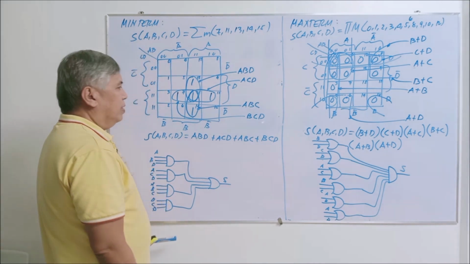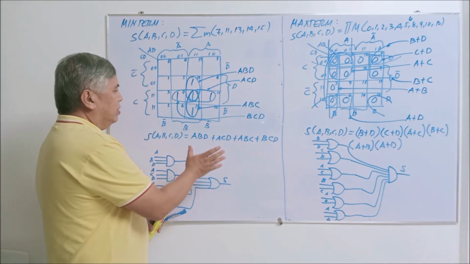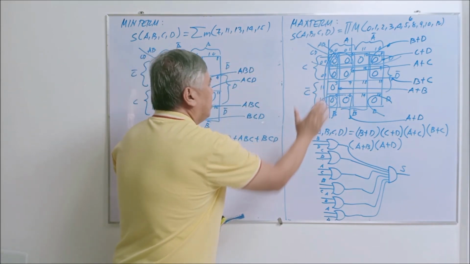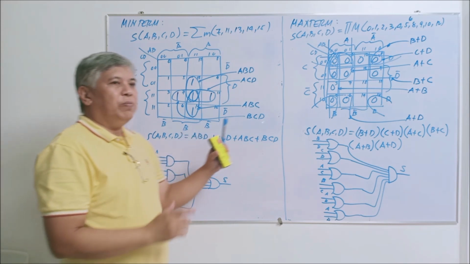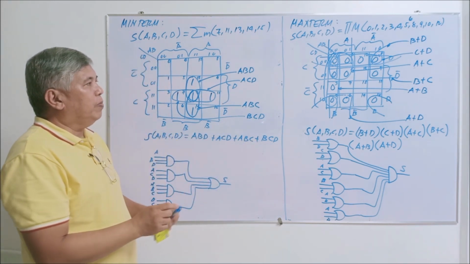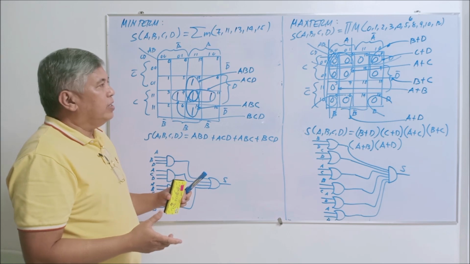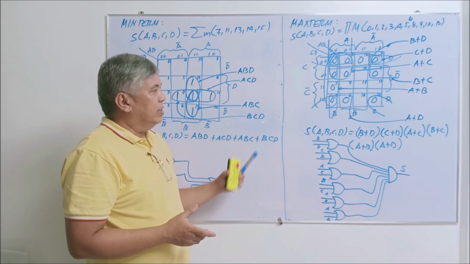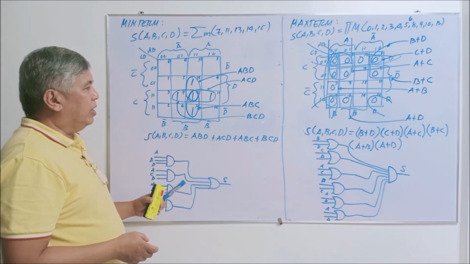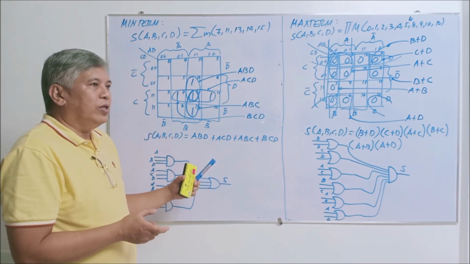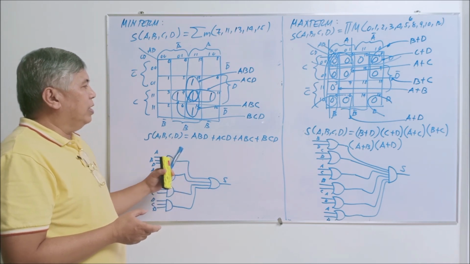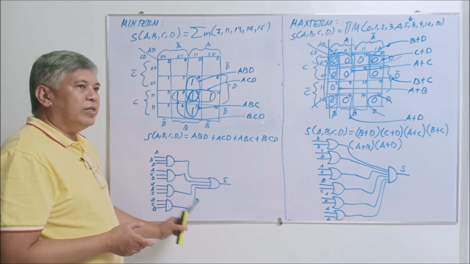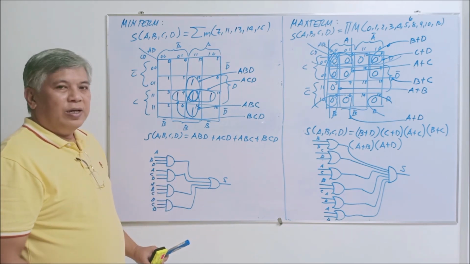Now, you might ask, what's the difference between using the min term and the max term? Actually, it would depend on you, no? So, for example, if you buy an IC, you will assemble a fire alarm system. Then, when you go to an electronic shop, there are no available AND gates, or only a few AND gates are available but many OR gates.